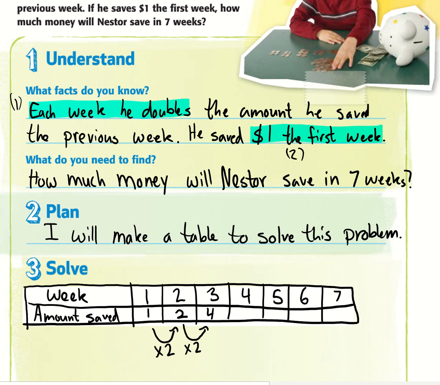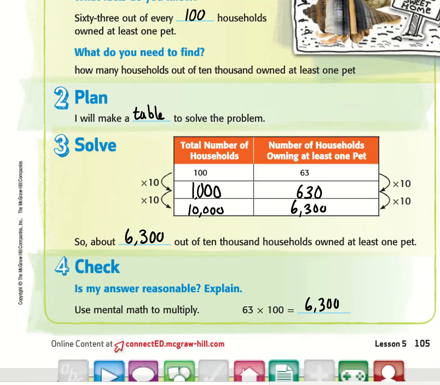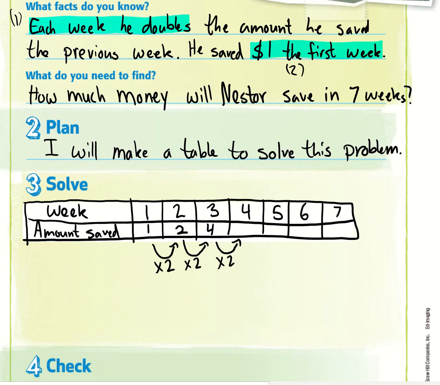So each week, he's always doubling. I know in the last example, I said whatever we do to one side, we have to do the other. But that's a case-by-case scenario. So it really all depends on the information given. So this one, we're just doubling how much he saves each week.